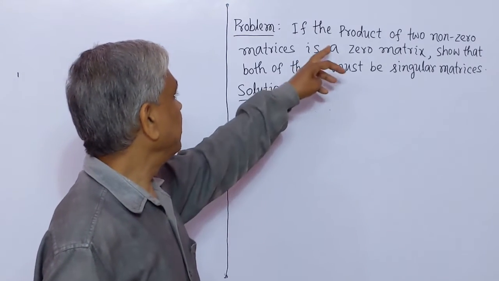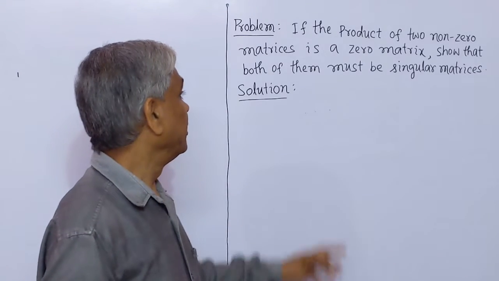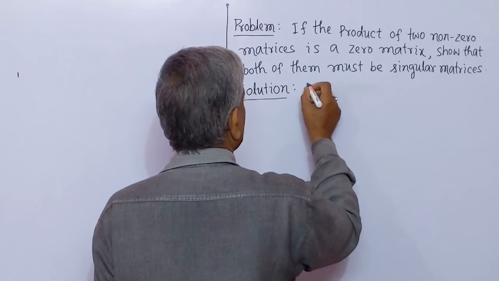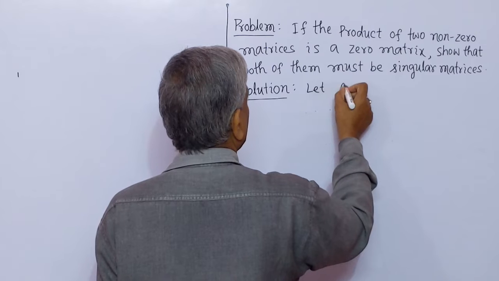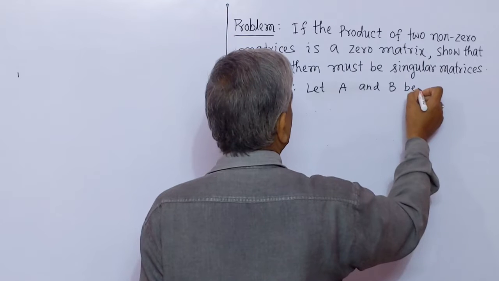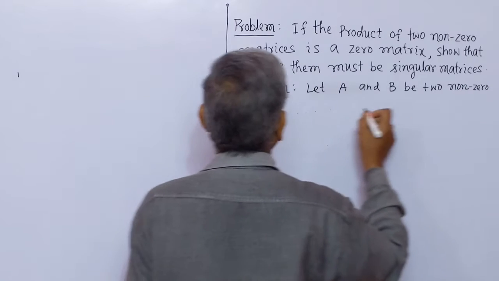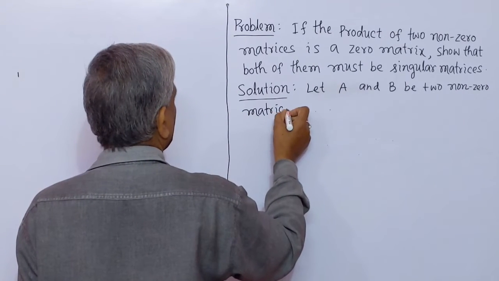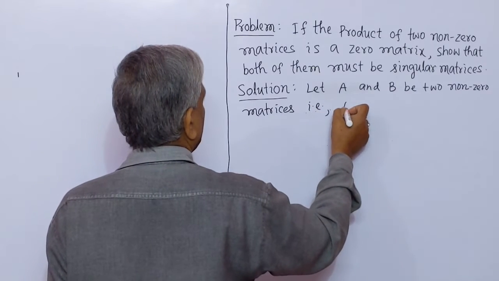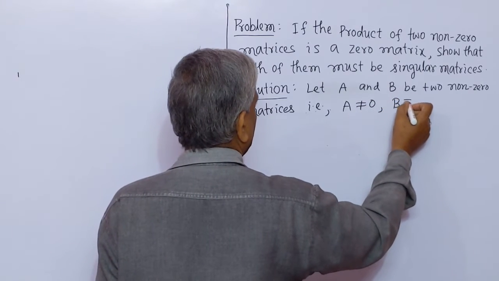The problem is: if the product of two non-zero matrices is a zero matrix, then both of them must be singular matrices. Let A and B be two non-zero matrices, that is, A not equal to 0, B not equal to 0.